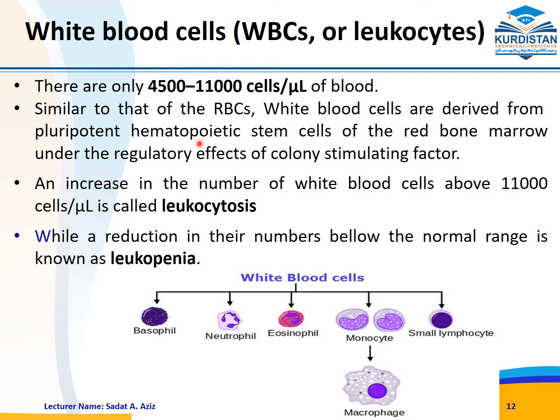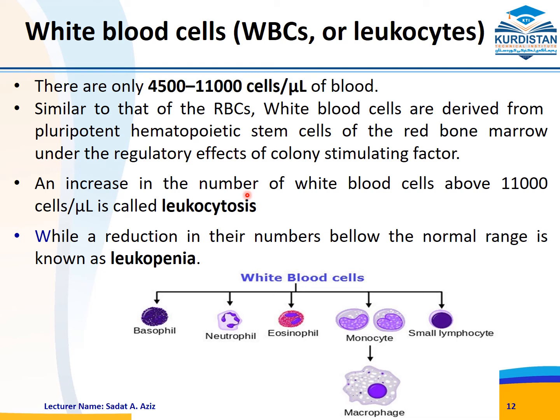Similar to the red blood cells, the white blood cells originate from the same precursor cells, which are called pluripotent hematopoietic stem cells. I think we already mentioned the process of hematopoiesis, and we explained how the different types of cells can originate from the bone marrow.